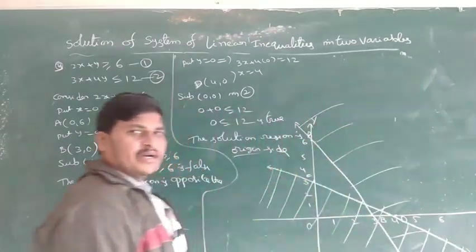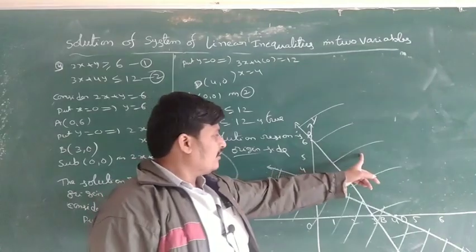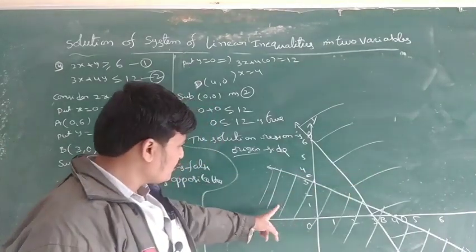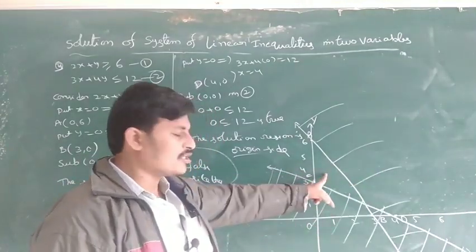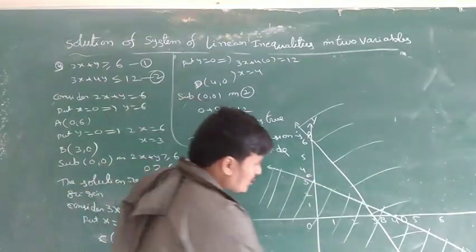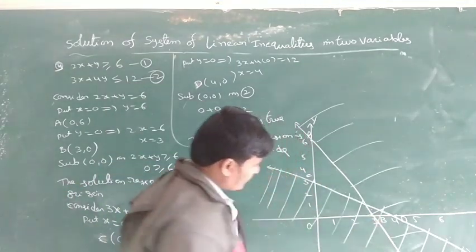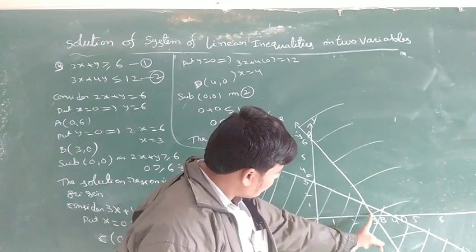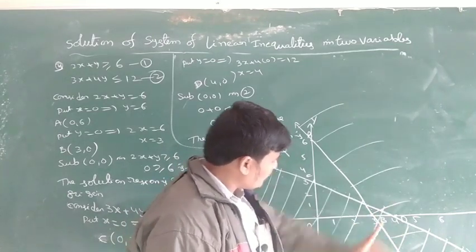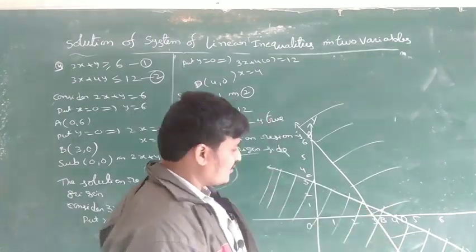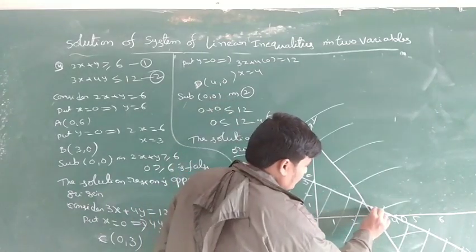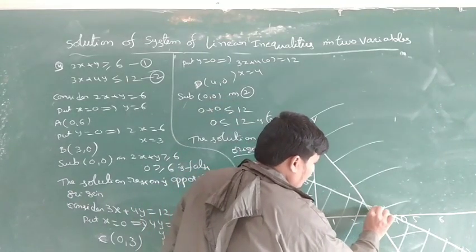What is the combined area? This is only the first inequality. This is only the second inequality. There is no first or second inequality here. So the small one, this one. This is above, opposite the origin, not the origin side. So this is the small area.